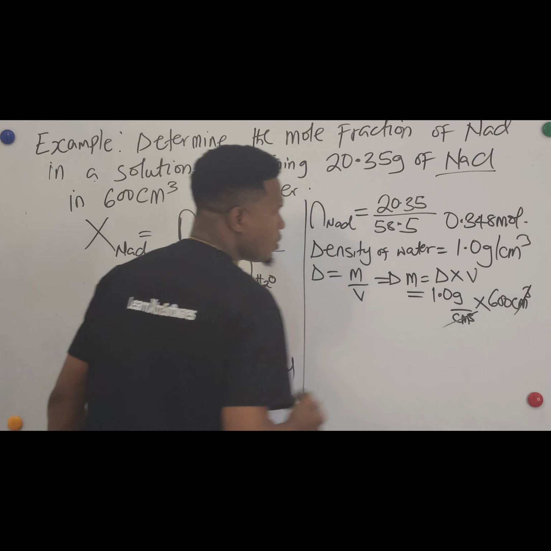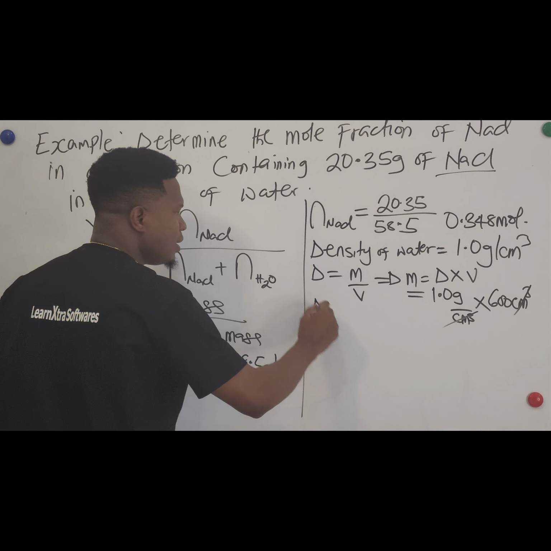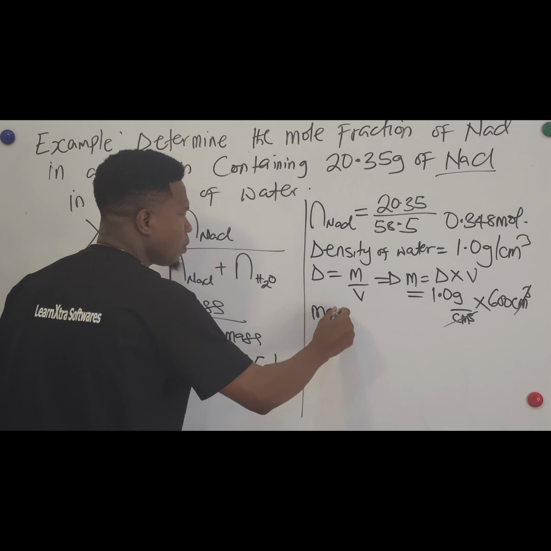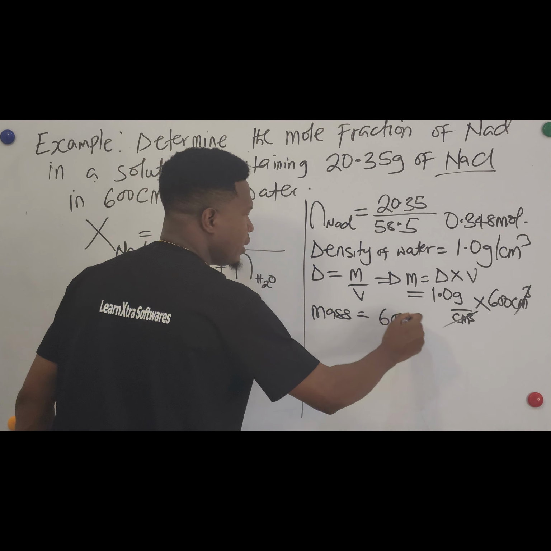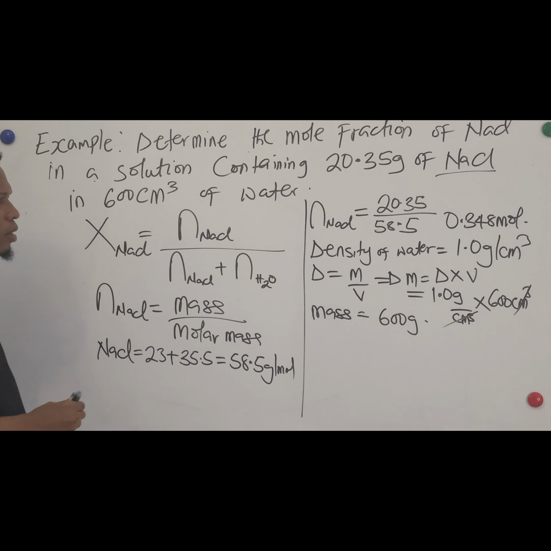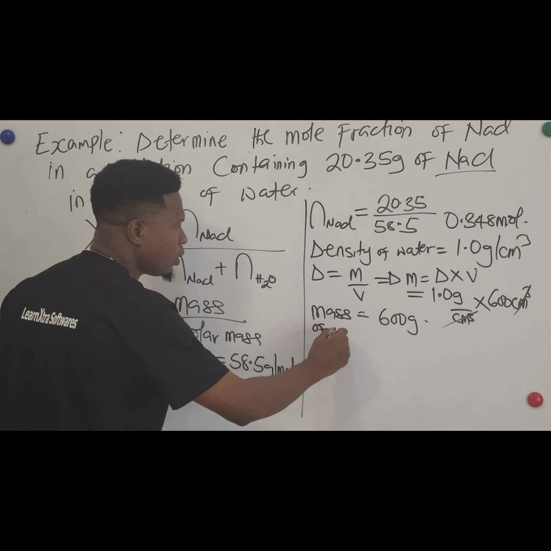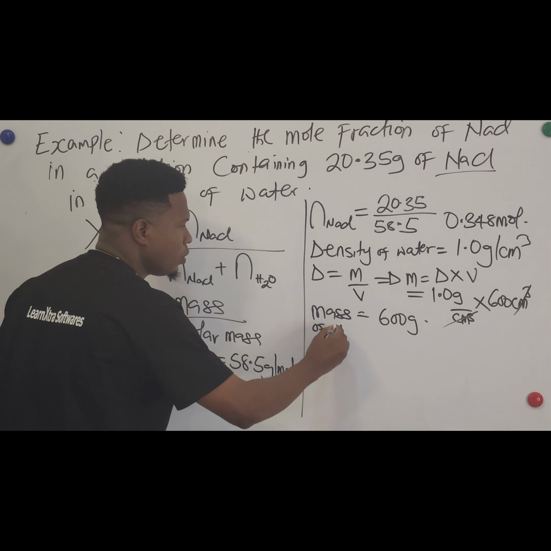So cm cube cancels cm cube, and the mass becomes 600 grams. That is the mass of water, H2O.